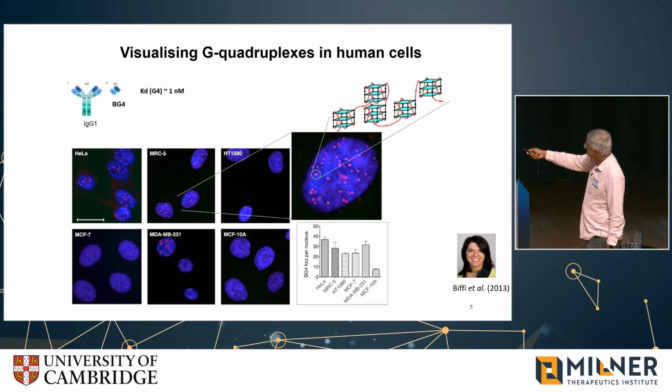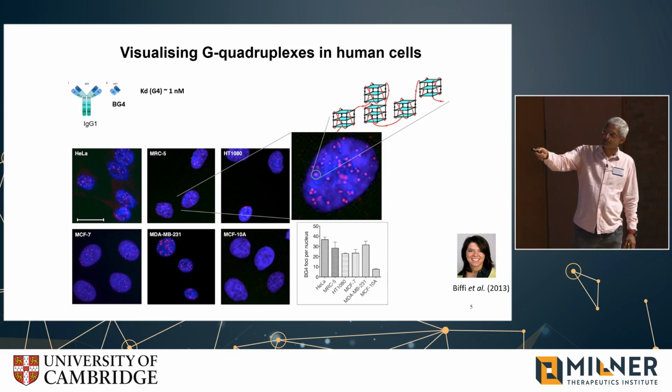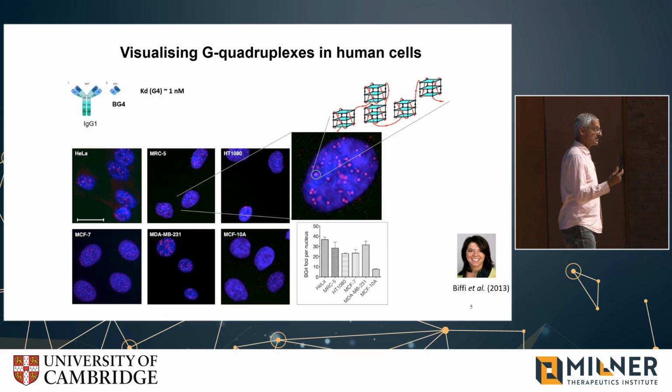So we use this to start looking at cells and tissues, and you can see here in blue is DAPI-stained nuclei of household tissue culture cell lines, and we could see these red punctate stains, which were regions where we believe there are clusters of these quadruplexes forming.